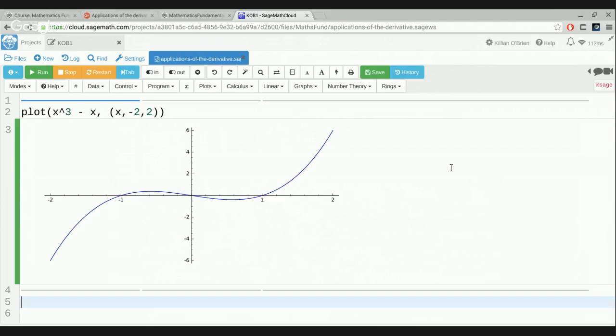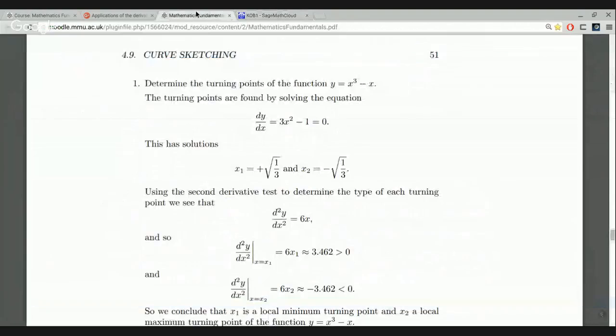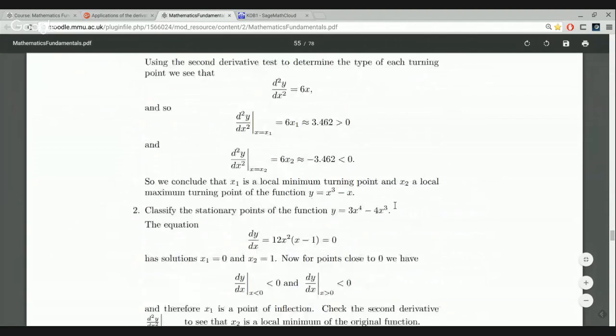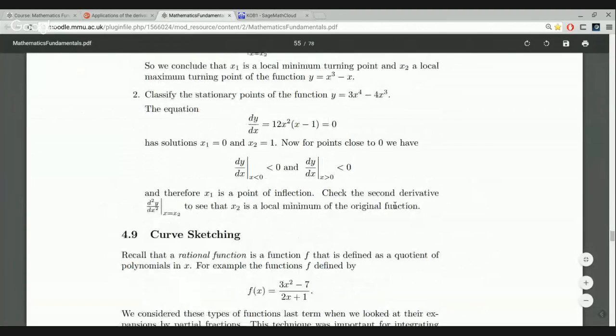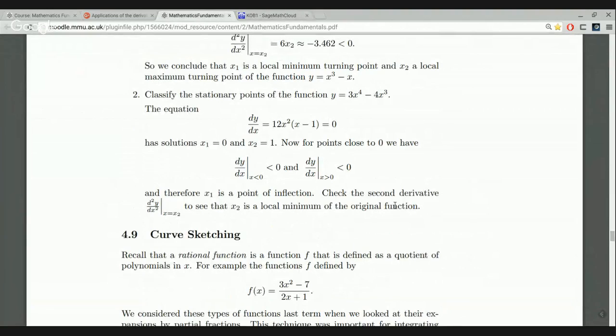So that does agree with the notes there. Okay. There's another example there in part 2 as well, but I'll let you read through that.